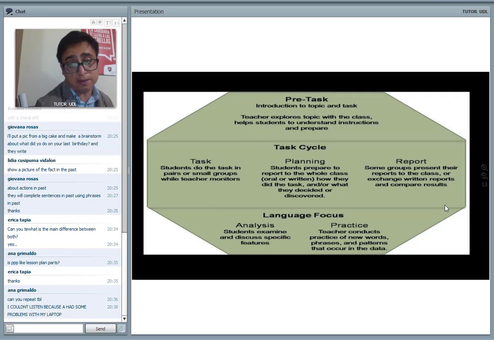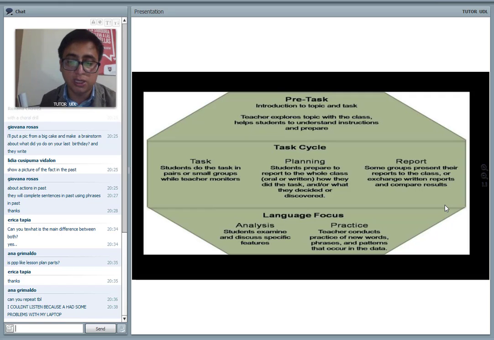Some groups present the reports to the class or exchange written reports and compare results, right? Like the report. So once the students finished the second part, we have to go to the last, and for me, I think it's the most important part, because here the students and the teacher work together in order to solve any situations or any problems.